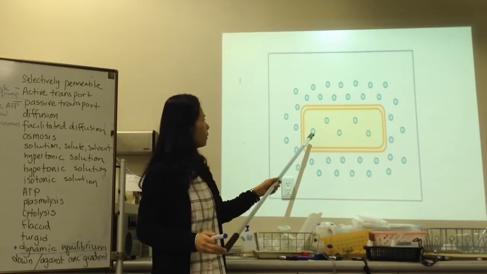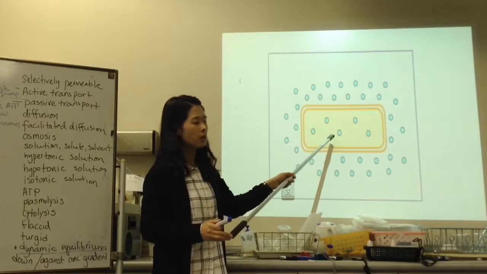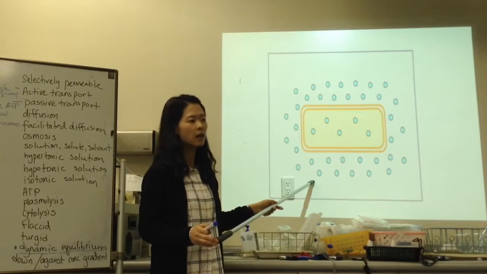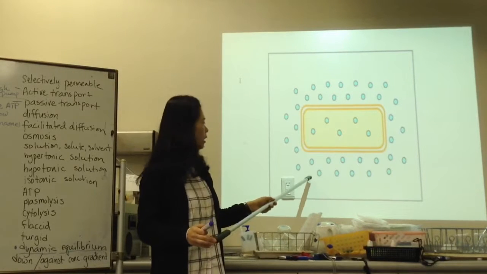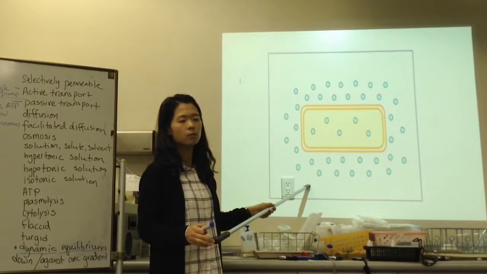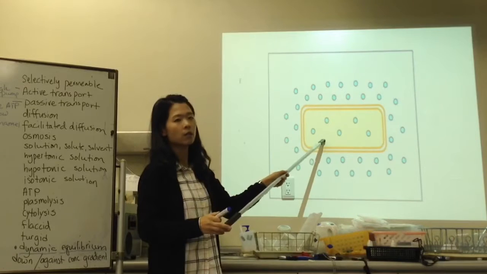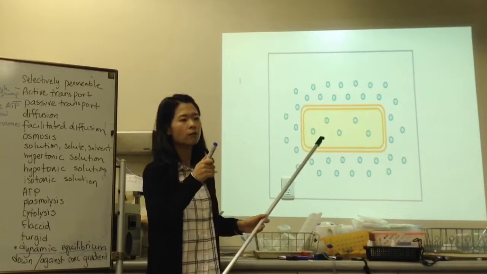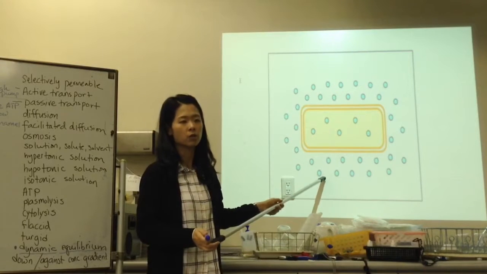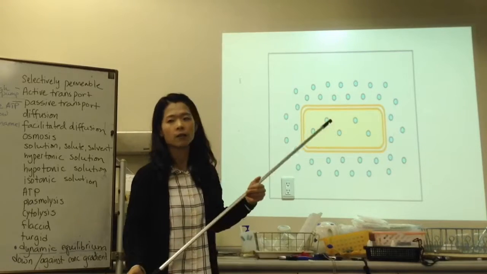But in terms of how much water and how much salt is in the cell versus how much water and how much salt is out here, it's not going to be the same, right? Obviously, you will have a lot more water and more salt to bring it to a 10% salt solution here than there. So the ratio of volume of water versus salt is equal in both, but it's not necessarily the number of particles, okay?